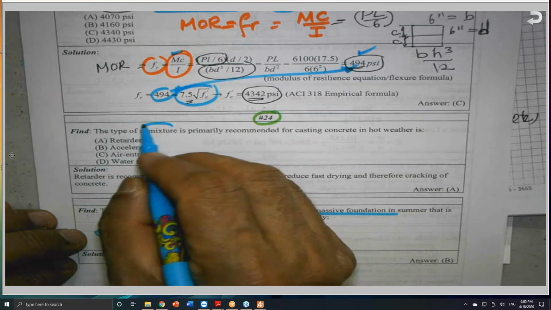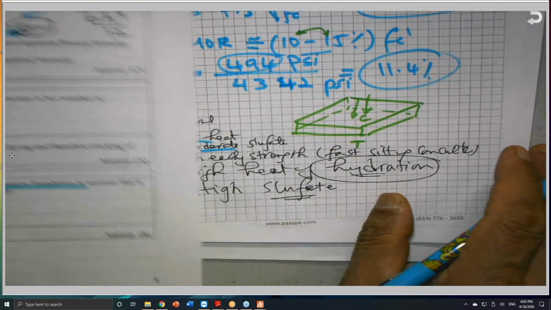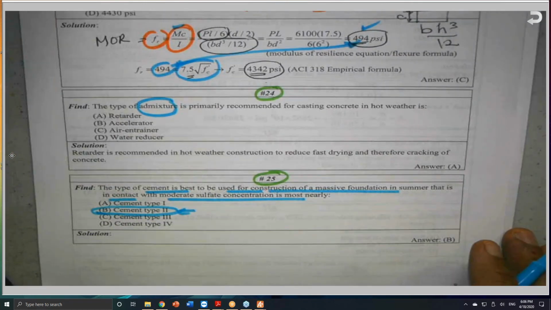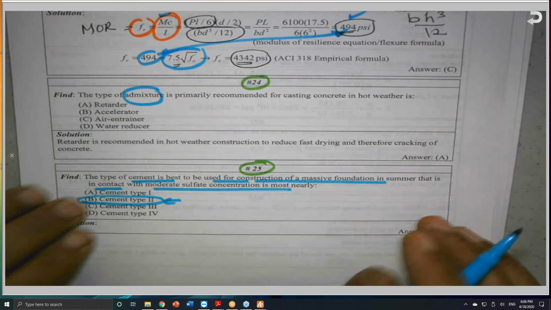Admixtures, we also cover in chapter 7 of my book. Those are the additional materials that we add in order to enhance the properties of the concrete.